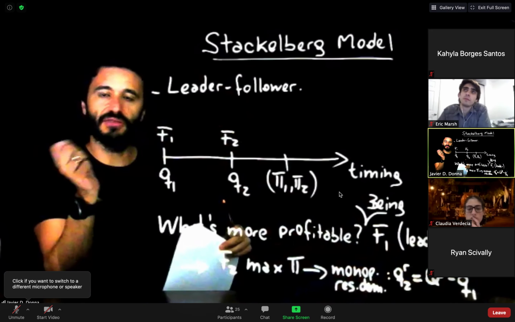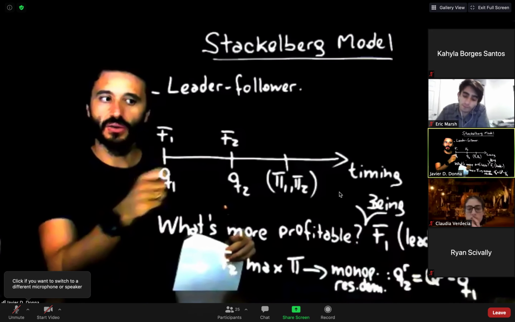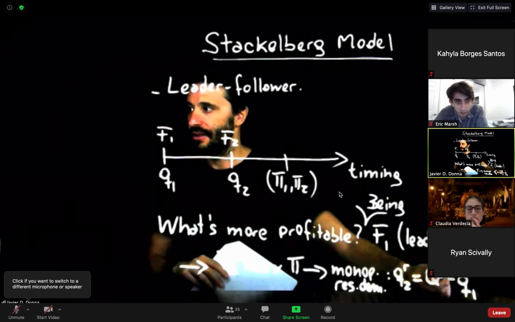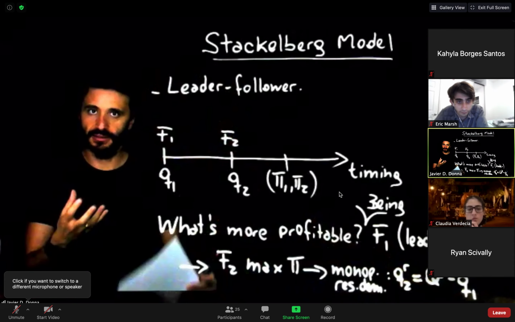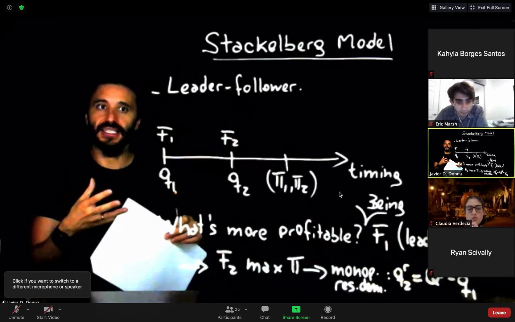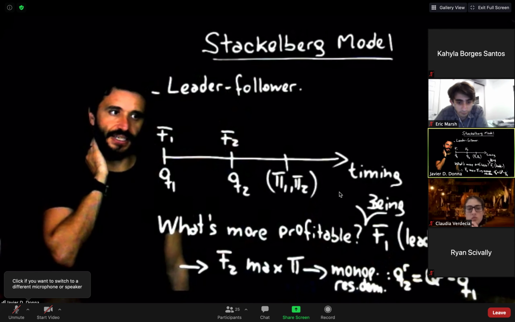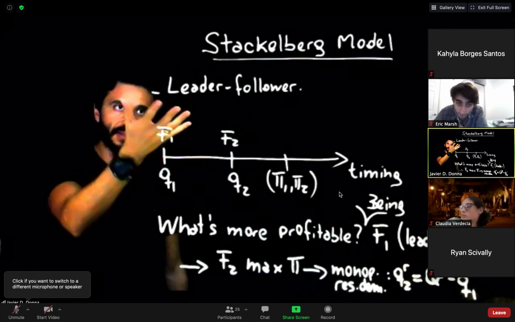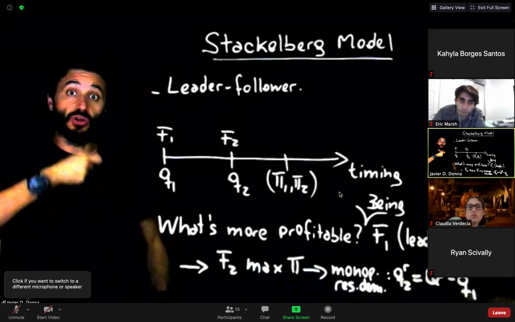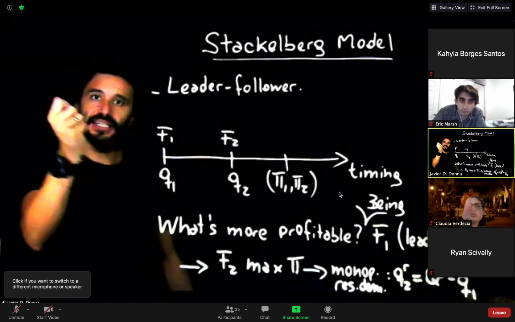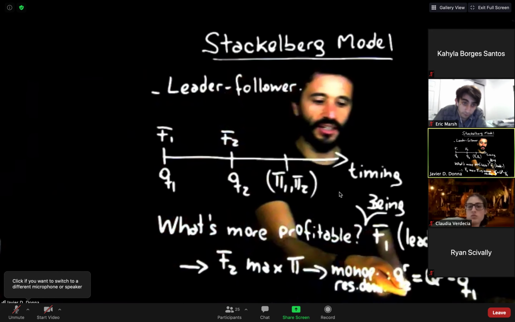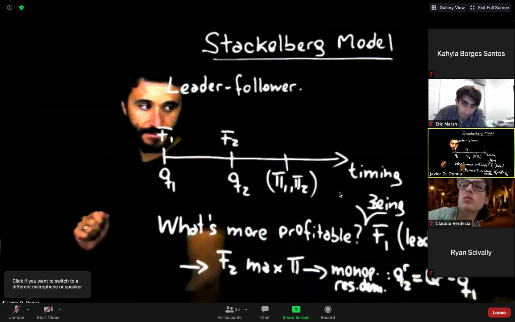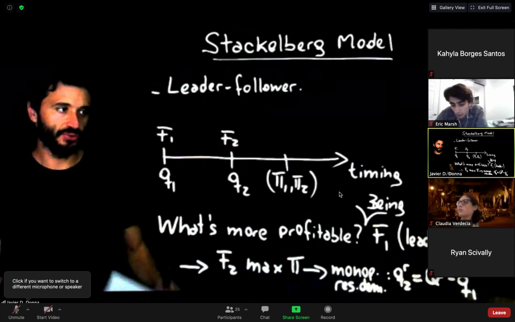So now Firm 1 can affect what Firm 2 is going to do, because Firm 1 knows that Firm 2 is going to behave in this way. The key concept from this model is the commitment that Firm 1 is making. It's commitment in the sense that it is playing as a leader, playing first. It's choosing a quantity and then it cannot change that quantity. Because of that, it's conditioning the quantity that Firm 2 can choose.